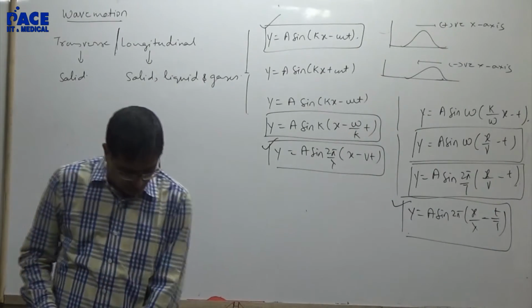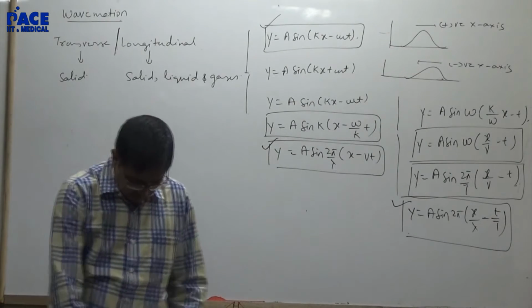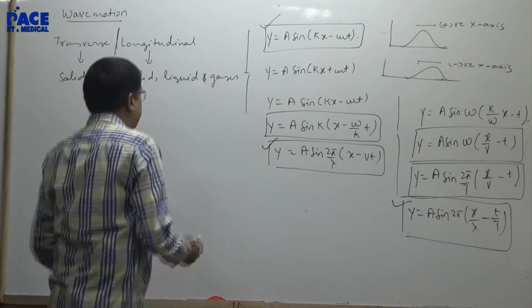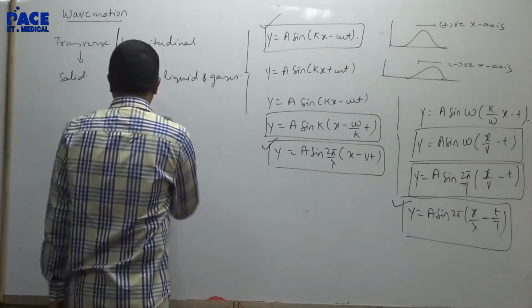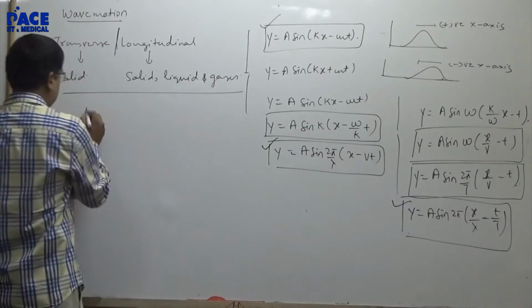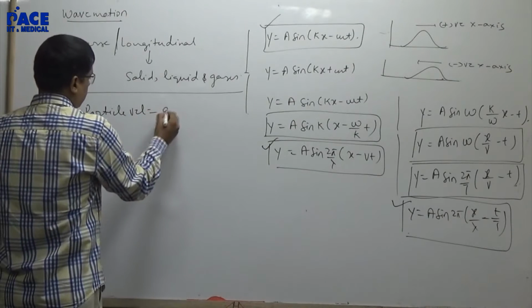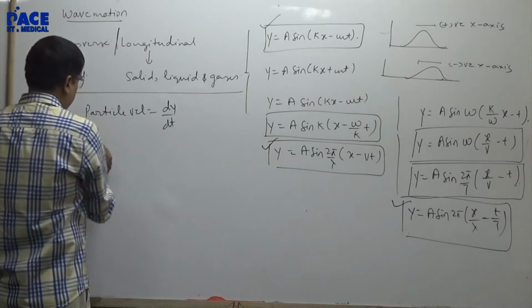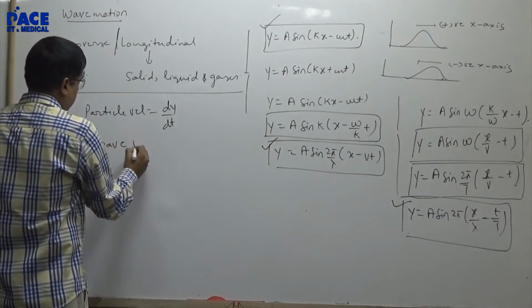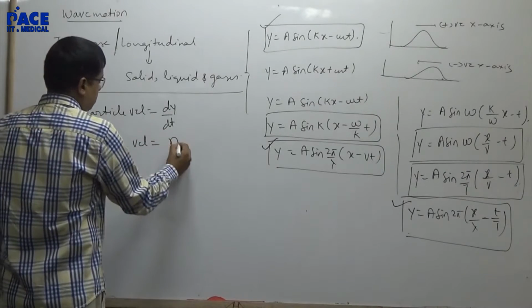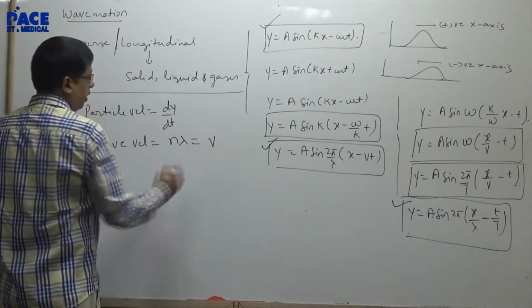I will dictate one or two of them. Take it down. What will particle velocity in this case be equal to? Particle velocity will be dy by dt. Wave velocity is n lambda or v.